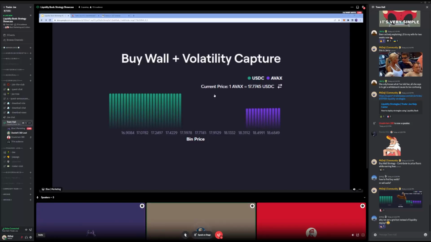A grid bot is 99% a centralized exchange product. So feel free to leave all your liquidity on a centralized exchange, but it's not on trend at the moment.